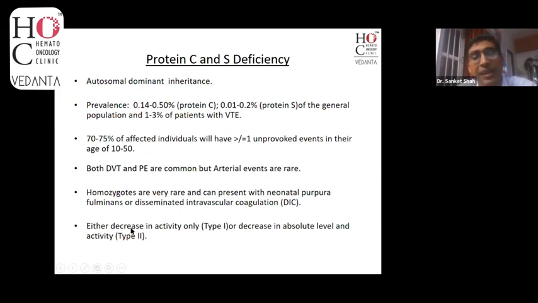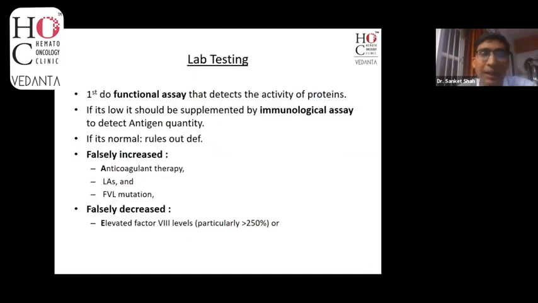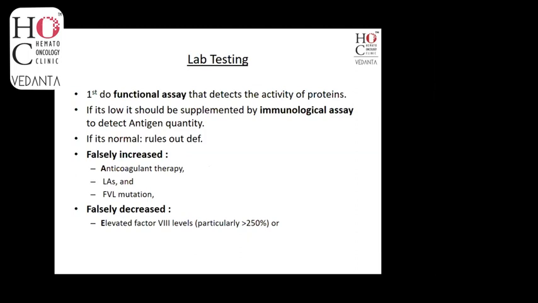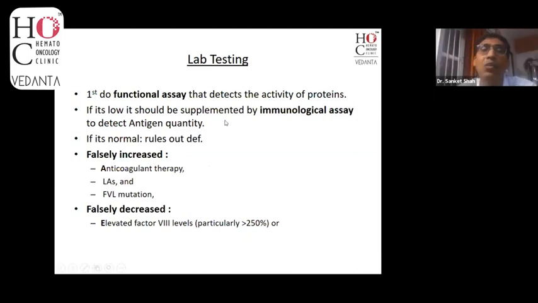The deficiency can be either only in the activity, or a decrease in the absolute level as well as activity. Right? So lab testing again is done in the same way. First, you do the functional assay to determine how much is the activity. If the activity percentage is lower than the considered normal, then it should be supplemented by an immunological assay to see whether the quantity is also low, or normal and it is just a functional deficiency.